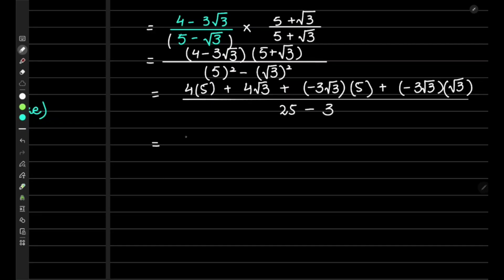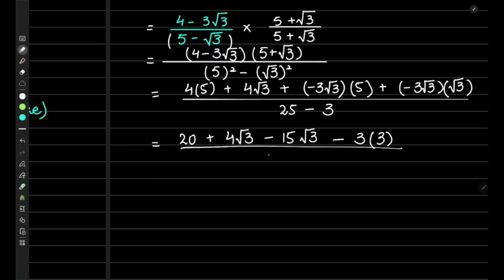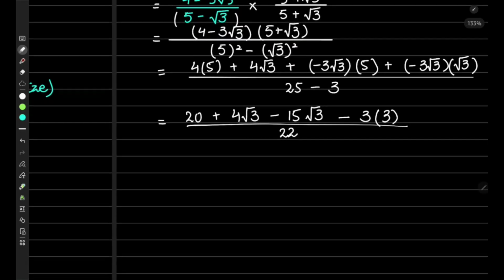Now solve it further. 4 times 5 is 20, plus 4 root 3, then minus 15 root 3, minus, you are multiplying 3 root 3 with root 3. So 3 will come as it is, and root 3 times root 3 gives you 3. So in the denominator, 25 minus 3 is 22. Now solve it further.